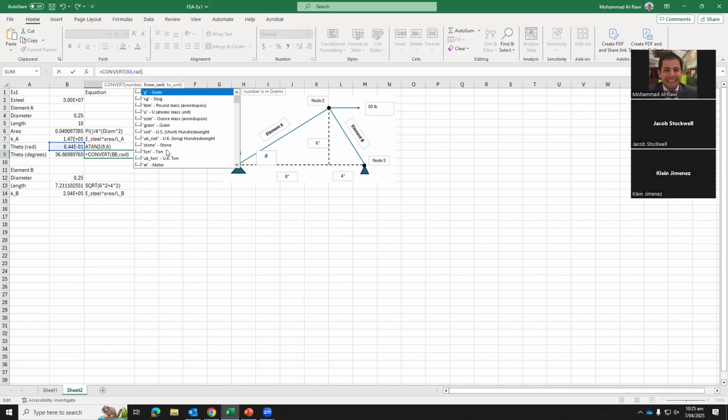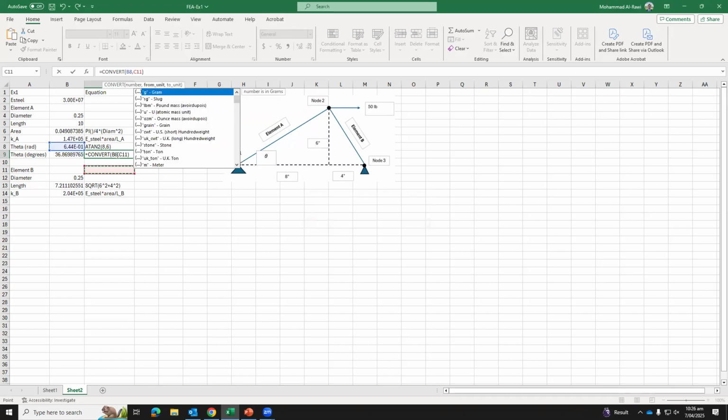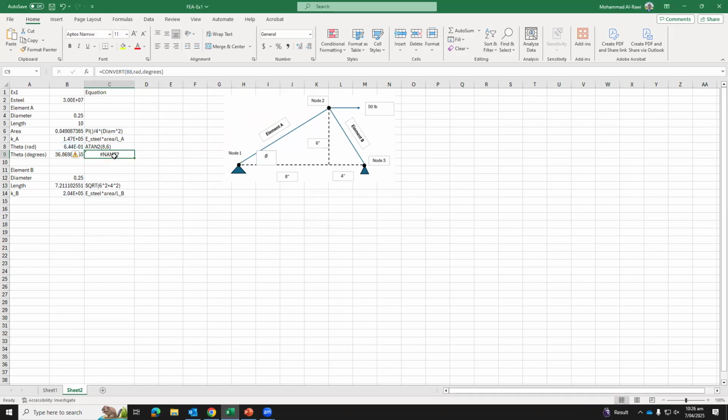So in this way, I will stick with the first one because I couldn't find the right shortcut for radians and conversion. I'll put that equation here just for you to see what we've done to convert from radians. But technically, I'll be working in radians in this example because I'm using the SI units. It's just in case you want to convert to something else.